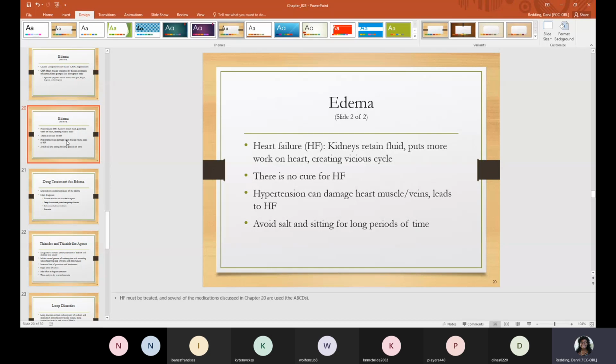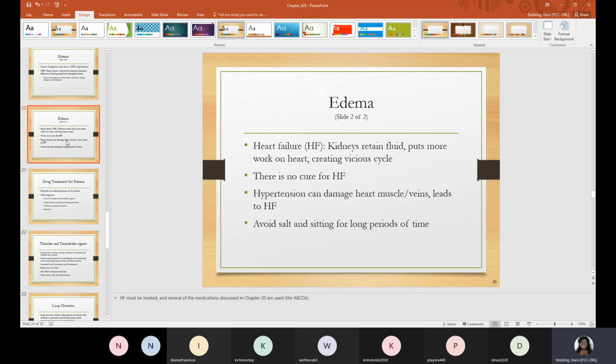So it's important that patients avoid salt and sitting for long periods, because water can be retained in the body. This is why when people are traveling, they are told to get up, stretch, and circulate the blood by moving your arms, legs, and body. When you sit still, things can just sit, so you always want things circulating.